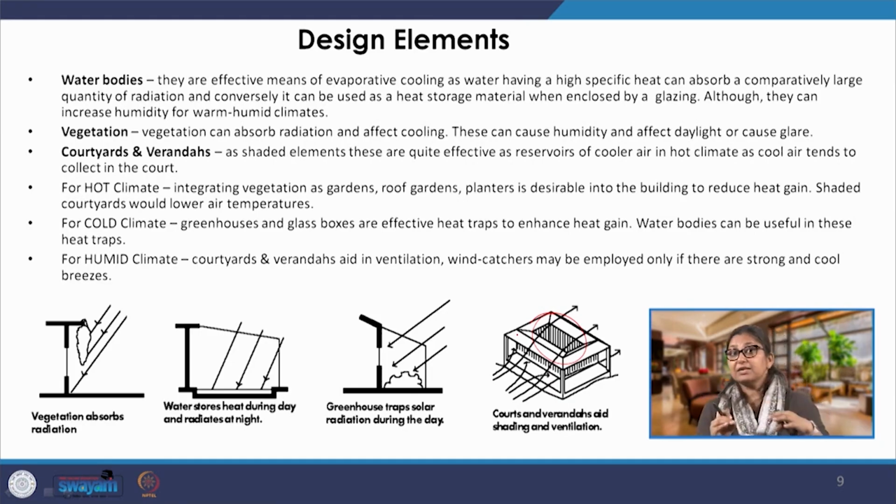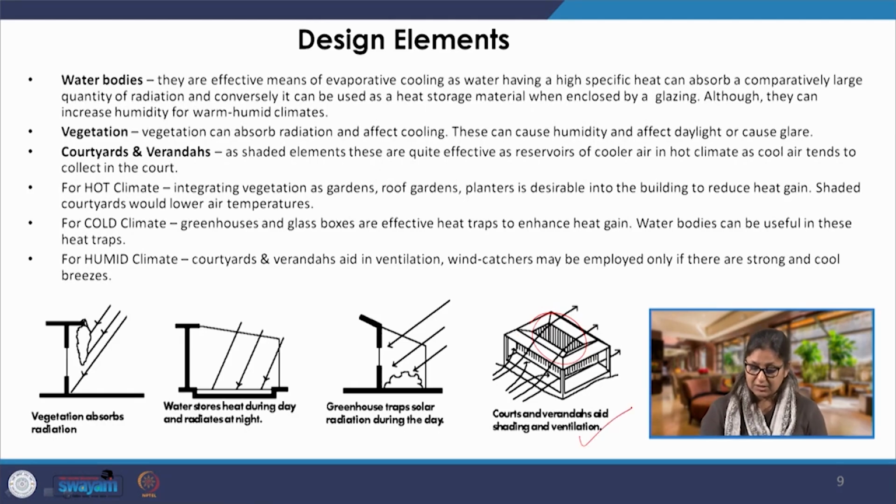That night ventilation will take away the heat; the walls and surfaces of the building will be cooled through the cool air passing through, and we have to allow cross ventilation, and courtyards allow that. So, what type of design element is required?